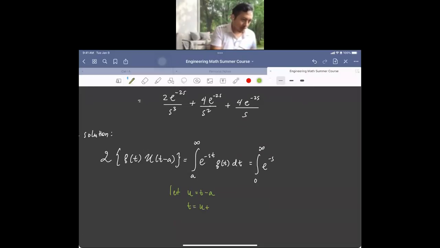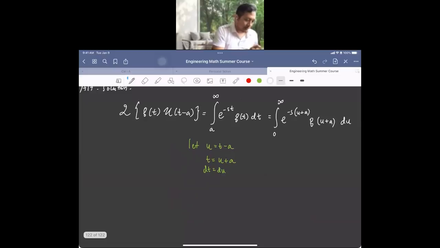So t is u plus a. Now we get that t becomes u plus a, and then this is also u plus a, and then dt is equal to du.